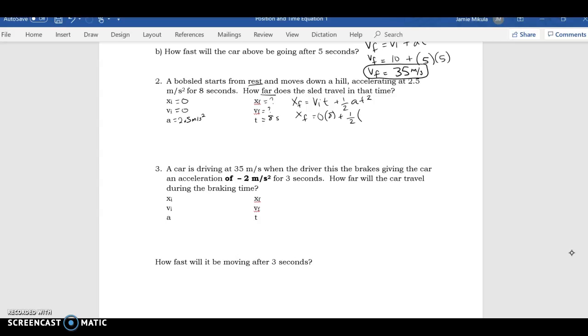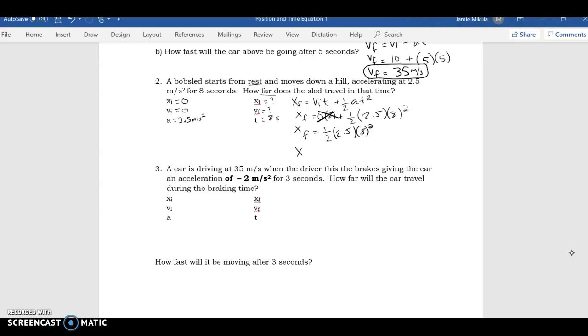Plus 1/2 a is 2.5, t is 8 squared. So this whole section right here, that first part of that formula, you can kind of X out because that's going to be 0. So xf equals 1/2 2.5 times 8 squared. When I put that in my calculator, I'm going to do 0.5 for 1/2 times 2.5 times 8 squared, and I get 80.